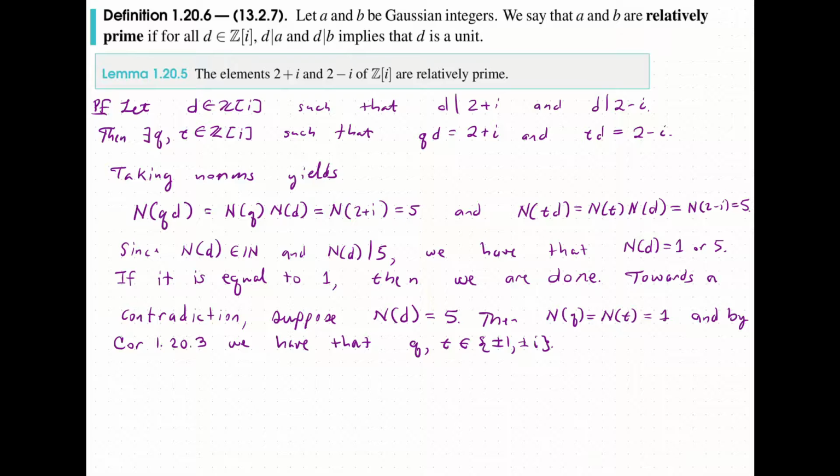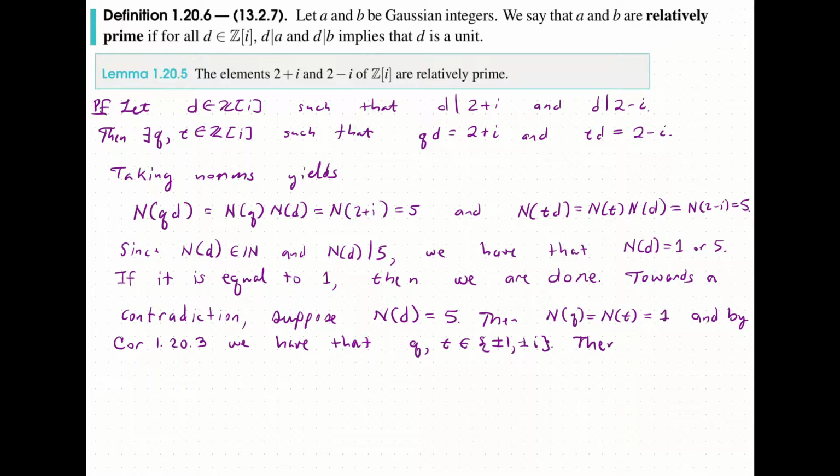So we can go ahead and divide by these. While we have verified it explicitly, it is also worth noting that we know that q and t divide 2 plus i and 2 minus i. So even if we did not know that they were units, we would expect that 2 plus i over q is a Gaussian integer, since the equations tell us that it's equal to d. And so what we are going to do is do exactly that.